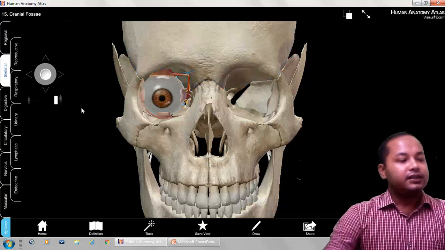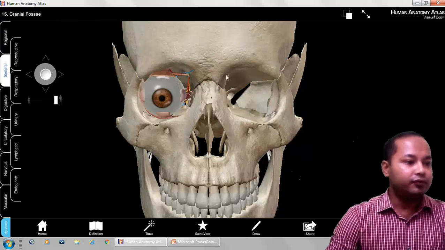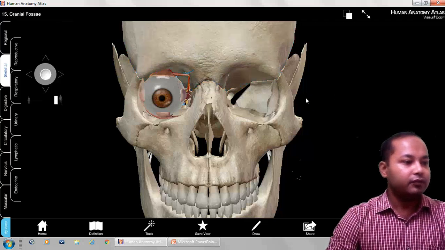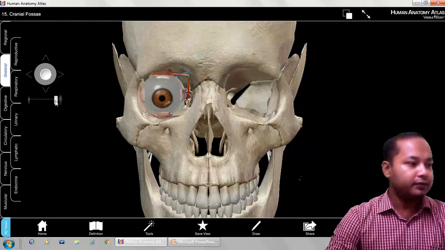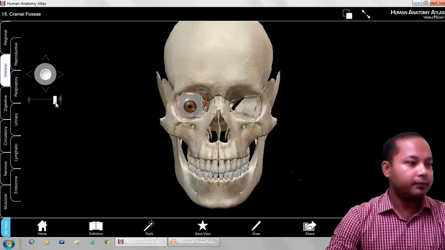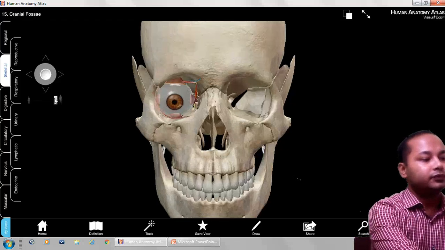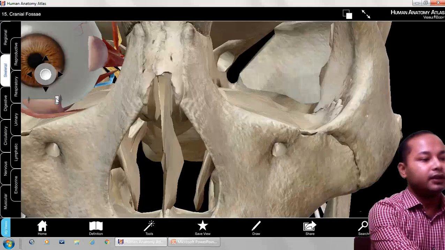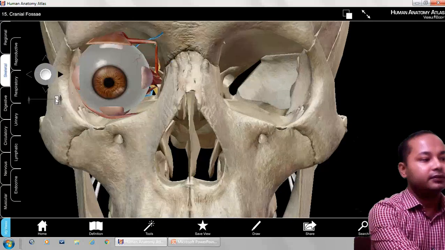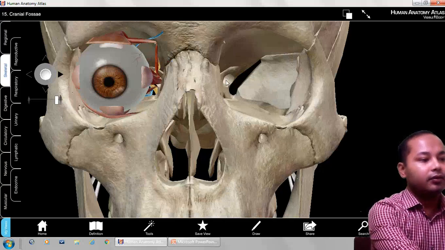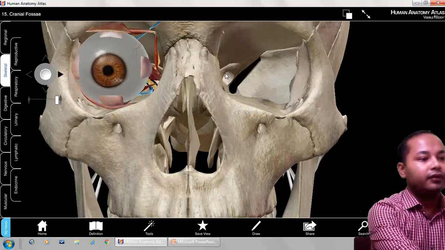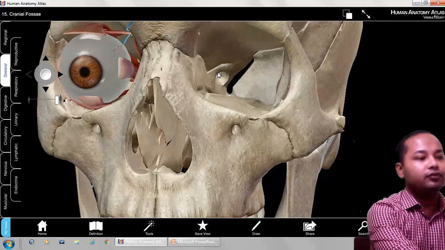So here we can see now, let us go from the roof. While I am trying to zoom in, I just see that this roof is made up of two bones.